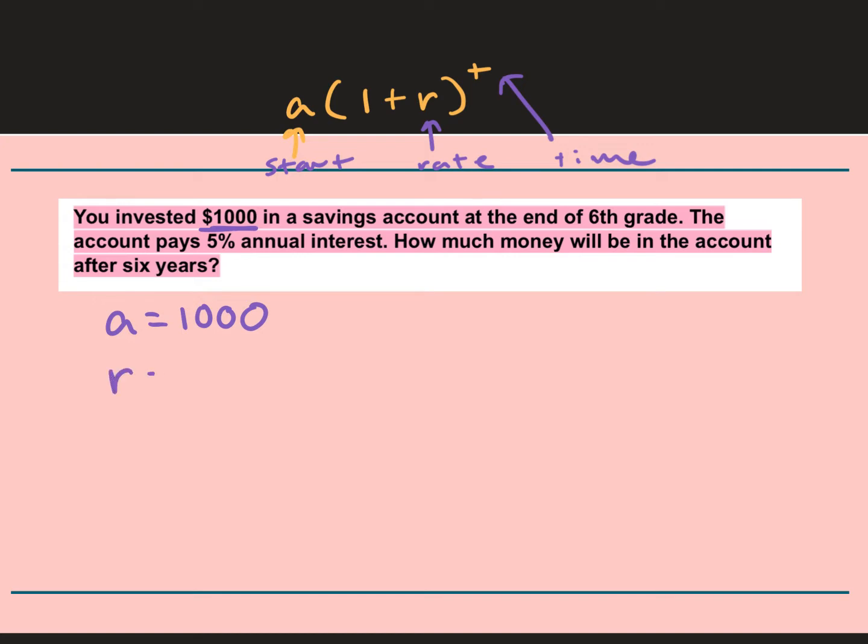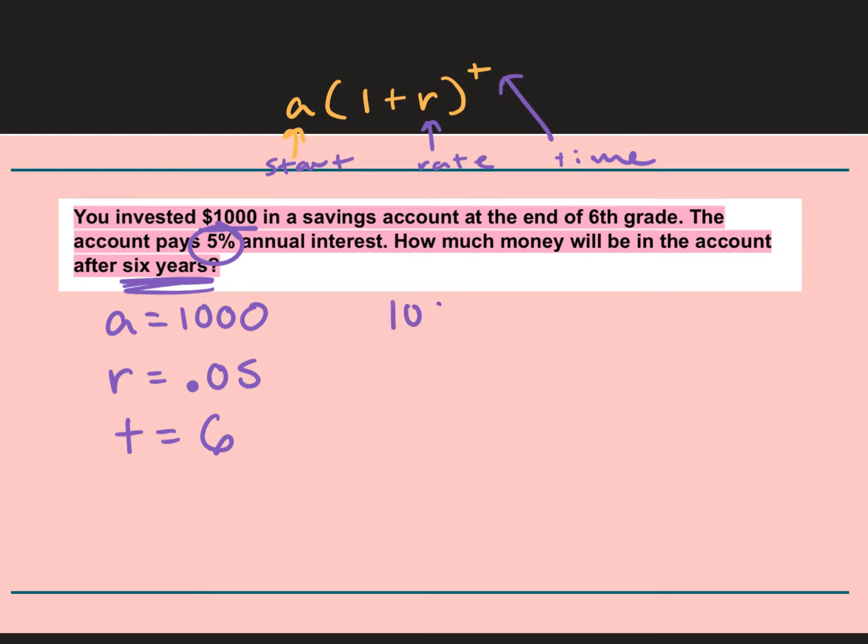What's our rate? 5%. But what's the decimal of 5%? 0.05. And then what's the time? 6 years. Once we find A, R, and T, we can plug it into our equation here.